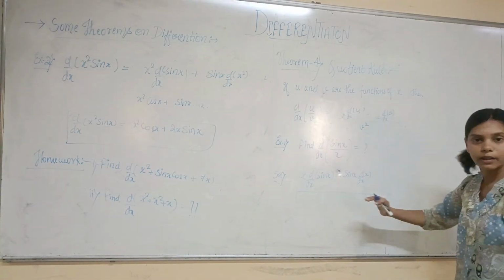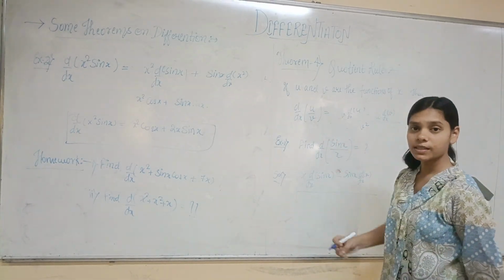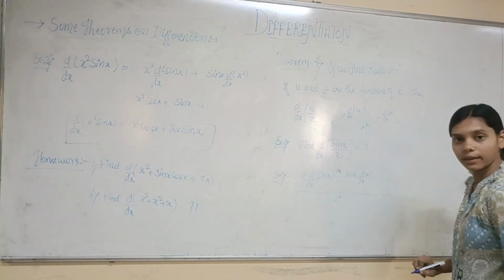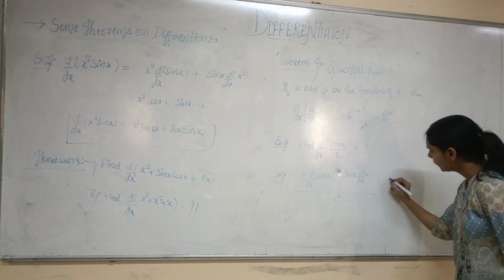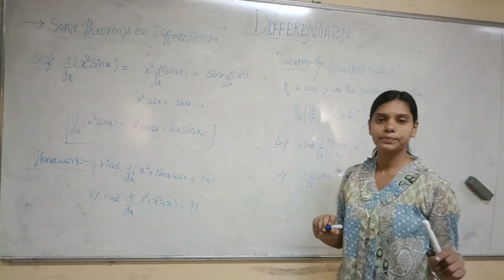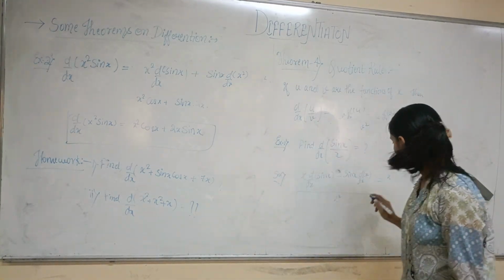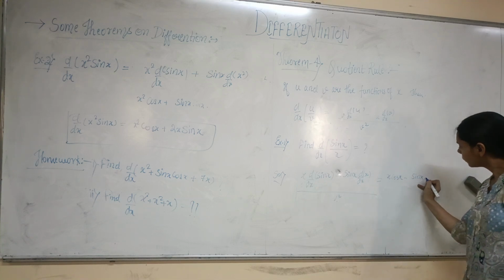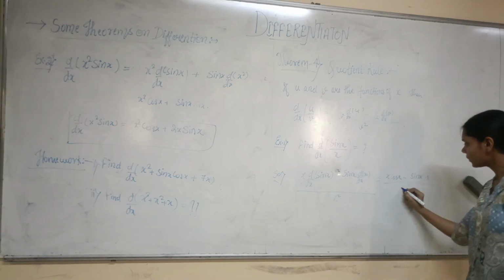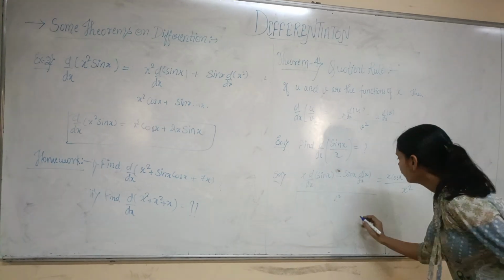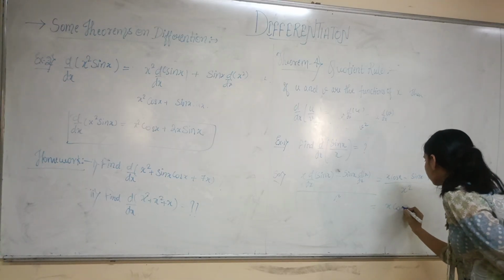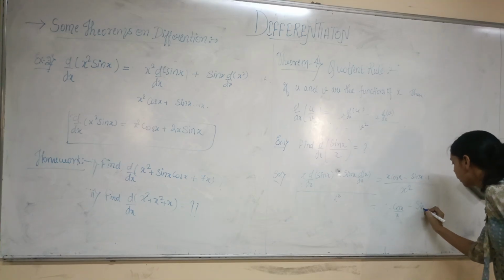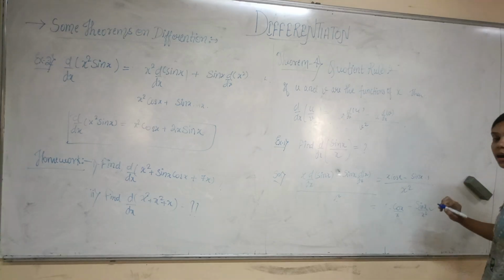And what we take in the denominator part, v square means second function square, so x square. What is the differentiation of sin x? Exactly, cos x. So here we take x cos x minus sin x into 1 upon x square, right? Now x cos x upon x square minus sin x upon x square, this is the answer.